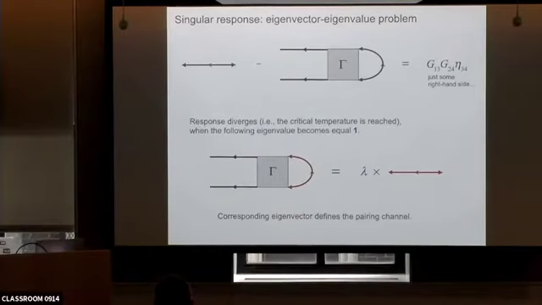The response becomes singular because this object, think of it as a matrix acting on this vector psi, has an eigenvalue which is 0. Since our matrix consists of two pieces, one trivial, essentially the unity matrix, and another non-trivial, the moment this second one has an eigenvalue equal to 1, the matrix on the left-hand side will have the matrix element 0, and this is precisely the instability.